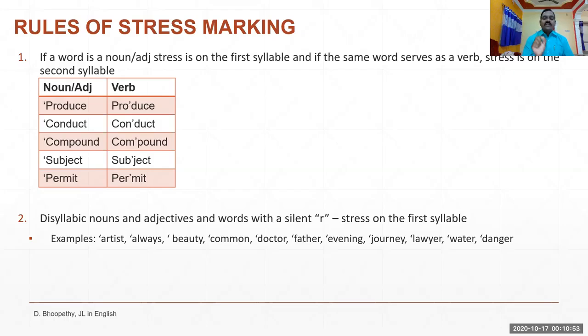The first syllable is the stressed syllable when there are only two syllables and they are nouns or adjectives. Always, artist, beauty, common, doctor, father, evening, journey, lawyer, water, danger.